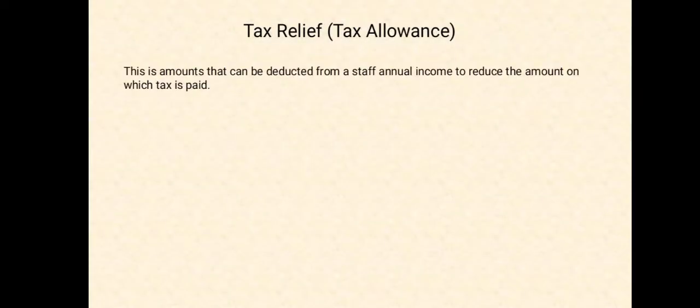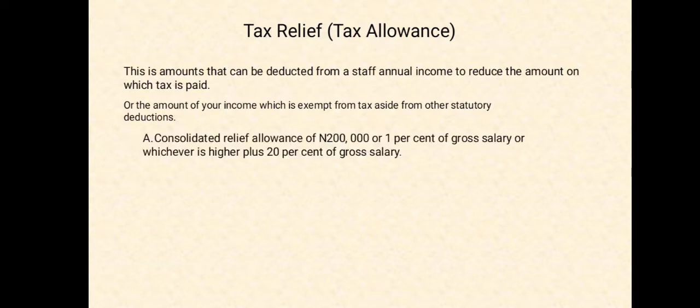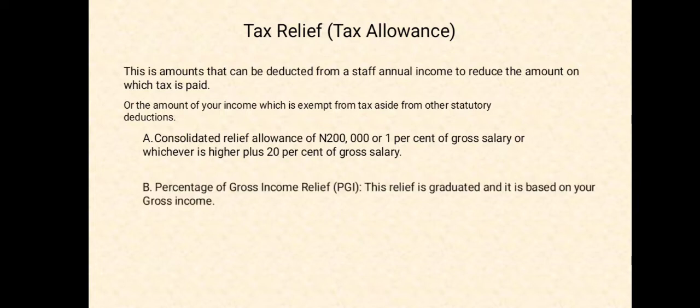Tax relief or tax allowance. This is the amount that can be deducted from a staff's annual income to reduce the amount on which tax is paid, or the amount of your income which is exempt from tax aside from other statutory deductions. A. Consolidated relief allowance of 200,000 naira or 1% of gross salary, whichever is higher, plus 20% of gross salary. B. Percentage of gross income relief, PGI.